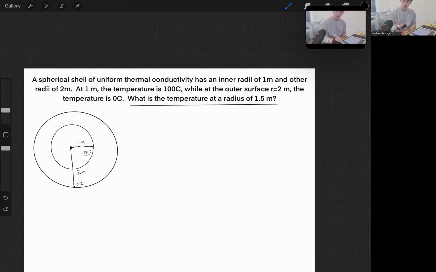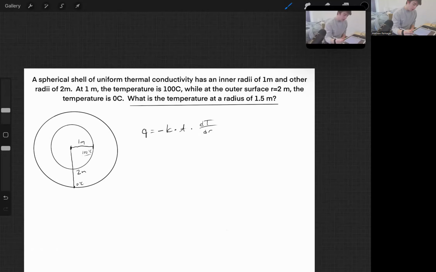So let's begin writing this equation. For Fourier's law, Q equals negative thermal conductivity times the area multiplied by the temperature gradient, dT/dr, for change of radius.